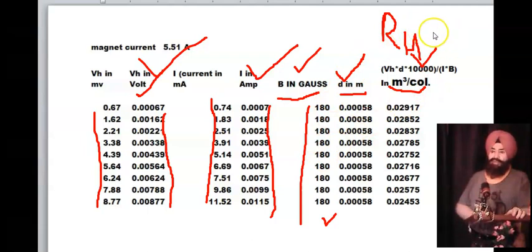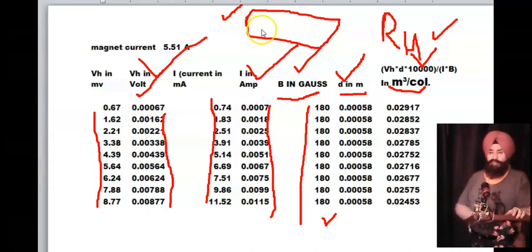Now what is the advantage of the Hall coefficient? You can have an idea whether your semiconductor is N-type or P-type, and how much charge density is available for conduction. Charge density means charge per unit volume. How? Very simple.